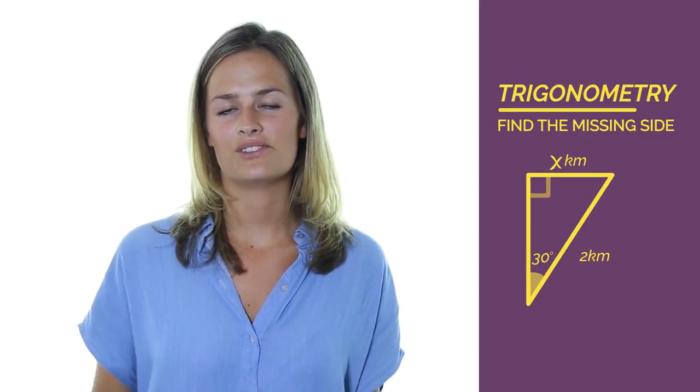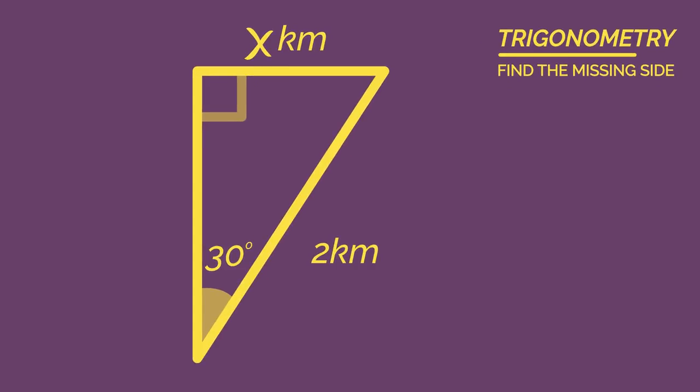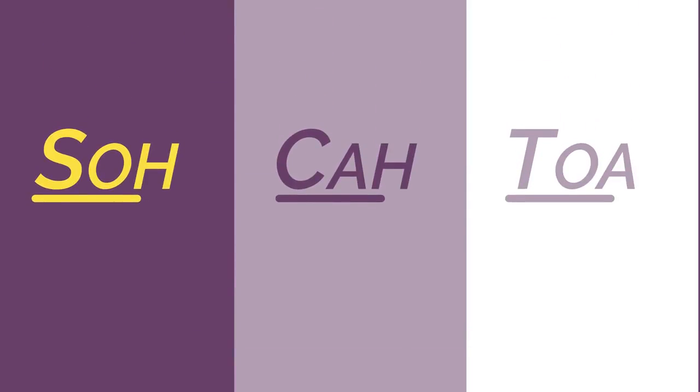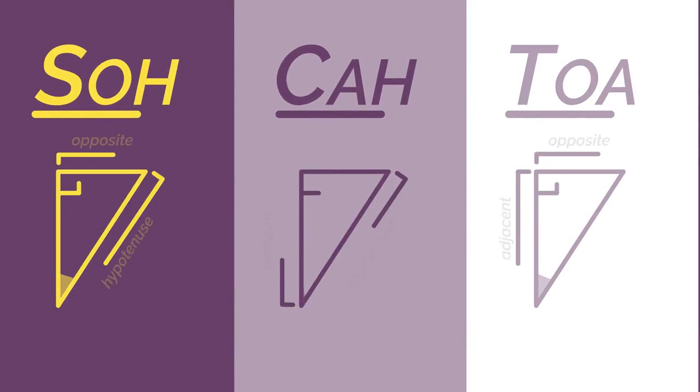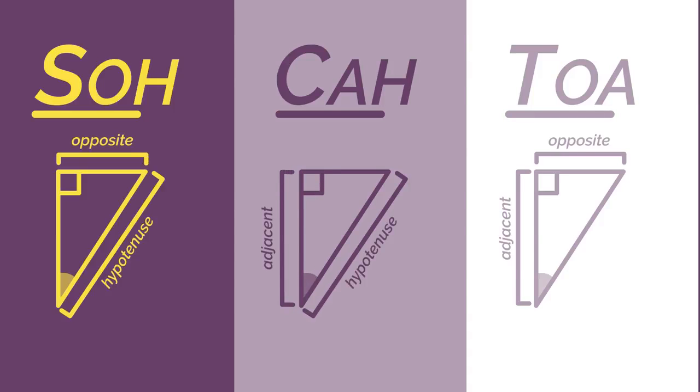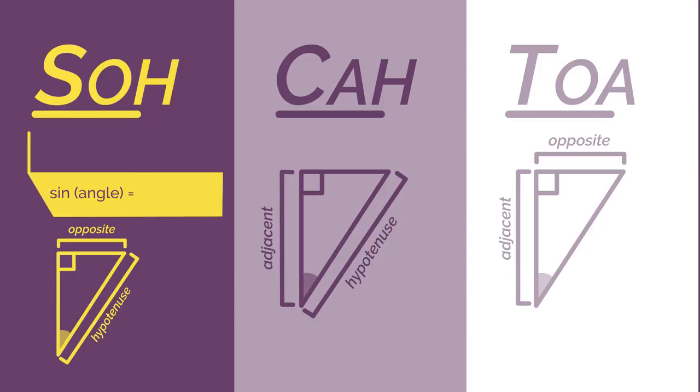So we have a triangle like this. Sine, cos and tan are just ratios between sides and angles on a right angle triangle. SOHCAHTOA helps us remember which function we use to find which sides. So sine of the angle is opposite over hypotenuse, hence we say SOH.